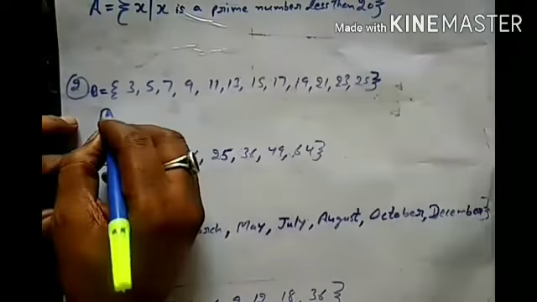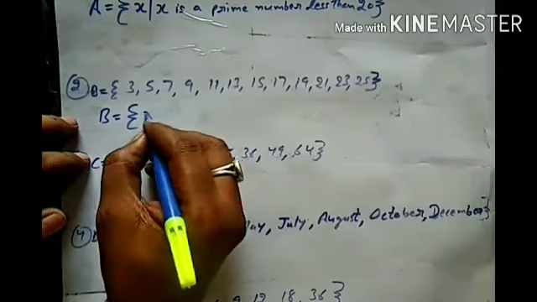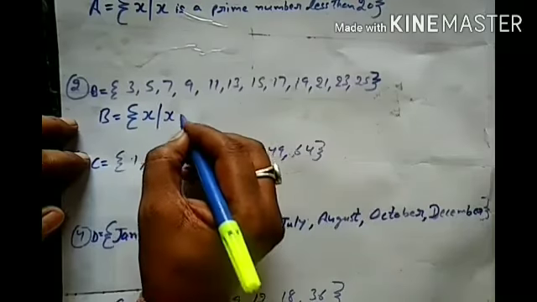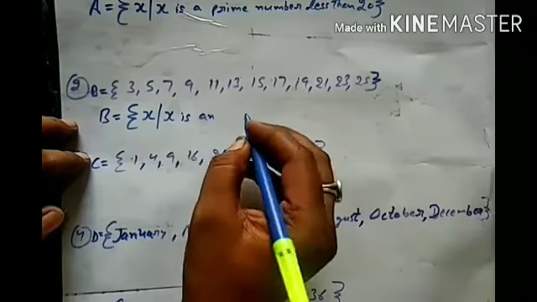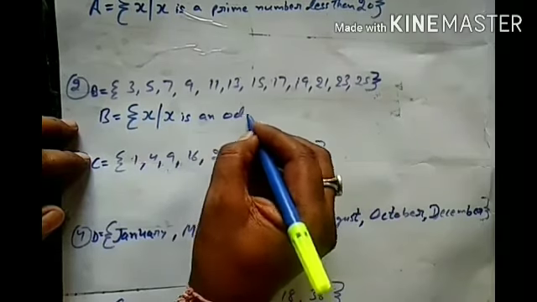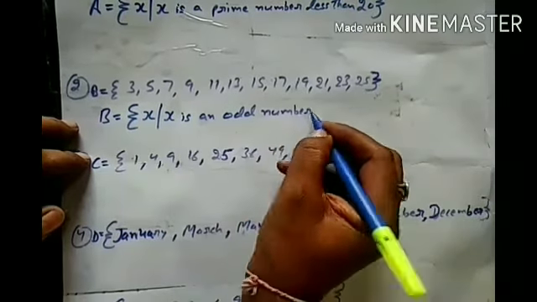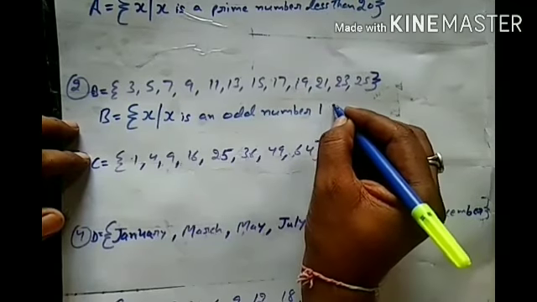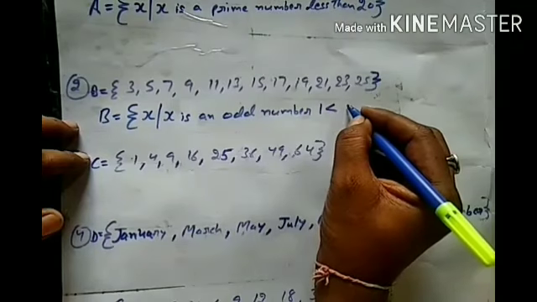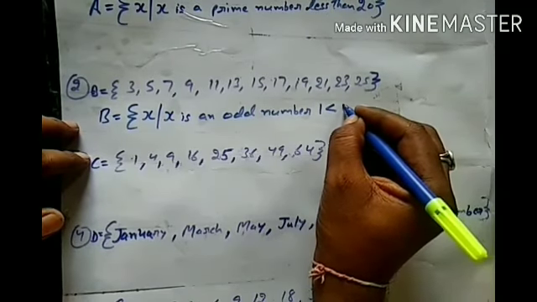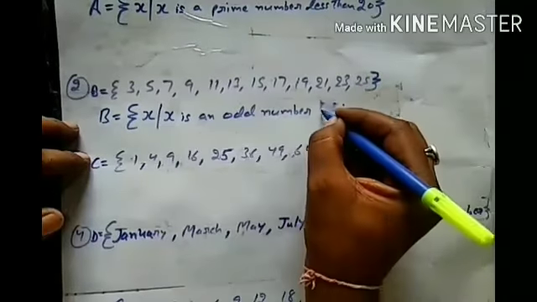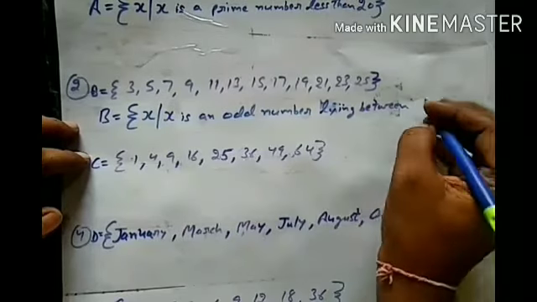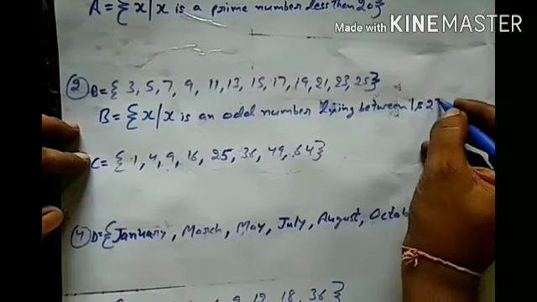Here I will write set B, and as per the definition I take a variable x such that x is an odd number which lies between 1 and 27.